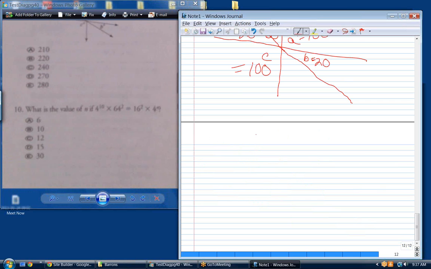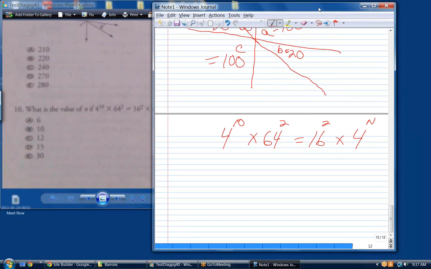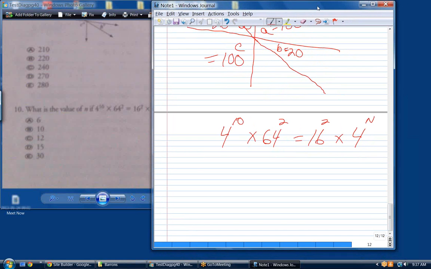Okay, let me write this. 4 to the 10th times 64 squared equals 16 squared times 4 to the nth. And this is an exponential base problem.